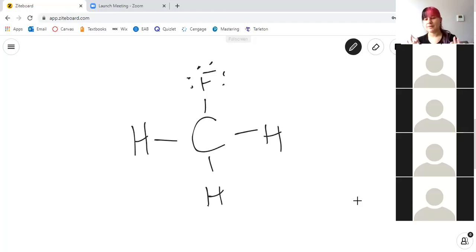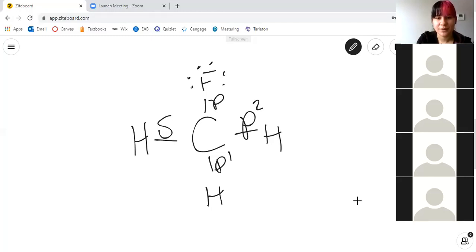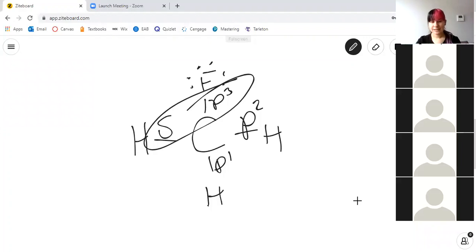If you do this, I recommend erasing it. I don't know if she'll get angry over this, but this is a nice little trick, and it's the same thing only you're drawing it all out. I just go through and label each of the bonds: S, P1, P2, P3. Does that help? Yes. Okay.